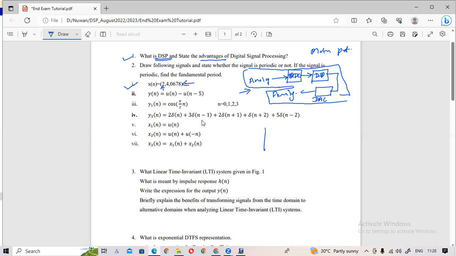If this is the first sample, your signal will look like this. This is n, this is x[n], and this is the zeroth sample.